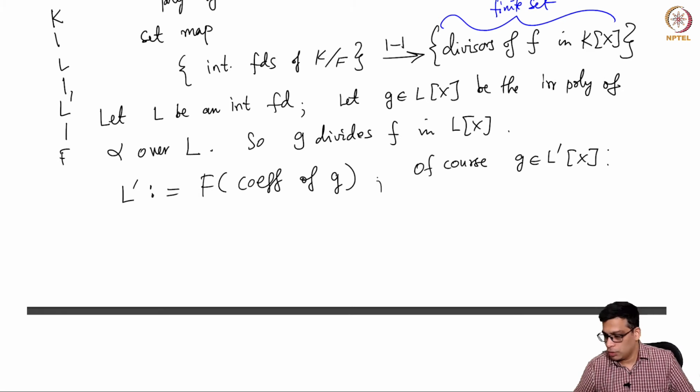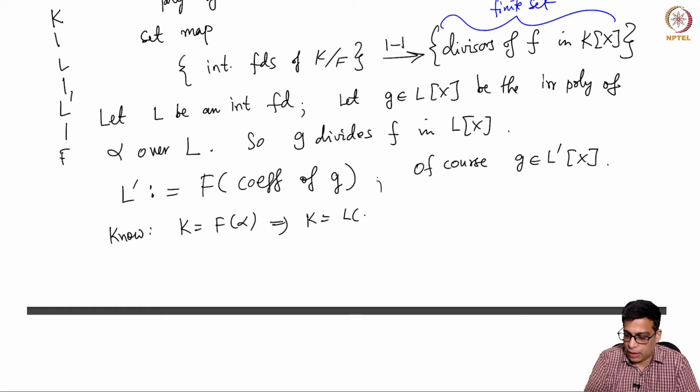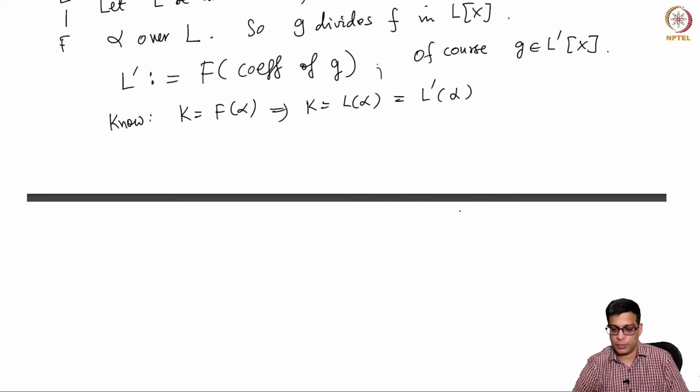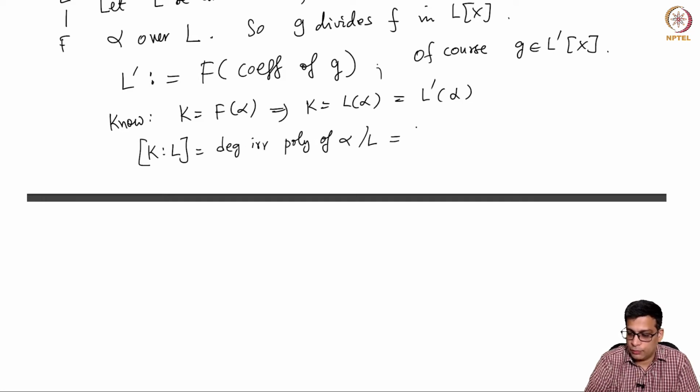And now we know that K is F(alpha). So this implies K is L(alpha) as well as L'(alpha), right? It is generated by alpha over a smaller field, which means it is generated over L and L' also by alpha. So [K:L] is the degree of the irreducible polynomial of alpha over L, which is degree g.